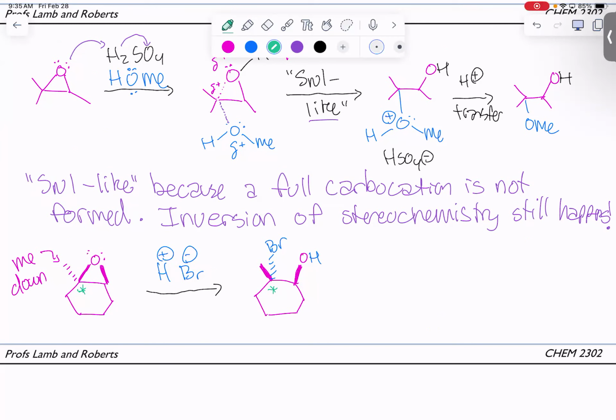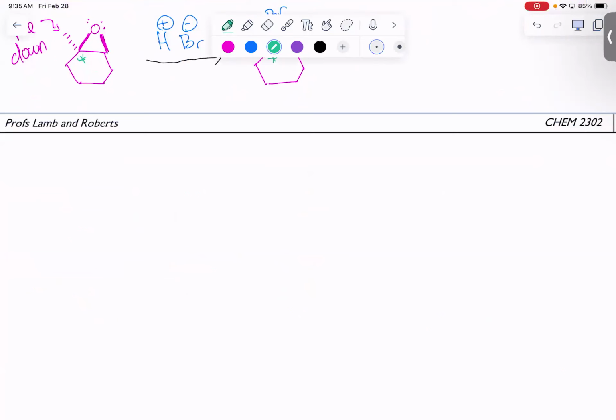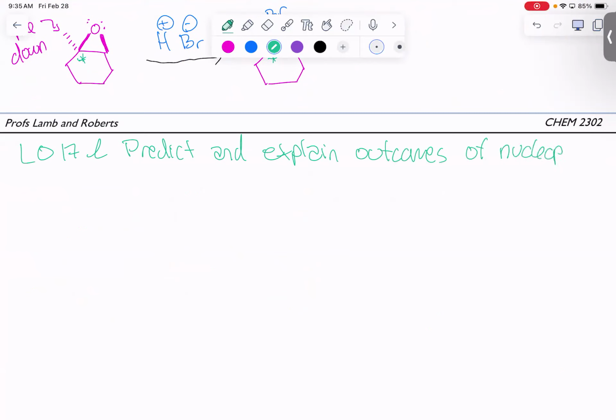So let's have our own learning objective on this because it's kind of a lot of information. All right. So our learning objective of 17L is to predict and explain the outcomes of nucleophilic addition to substituted epoxides.